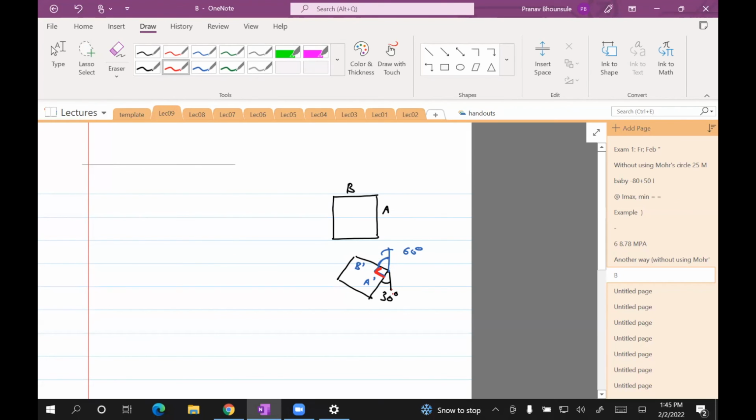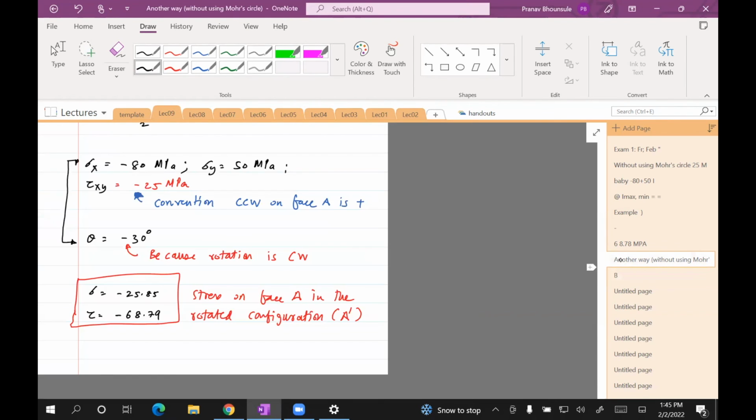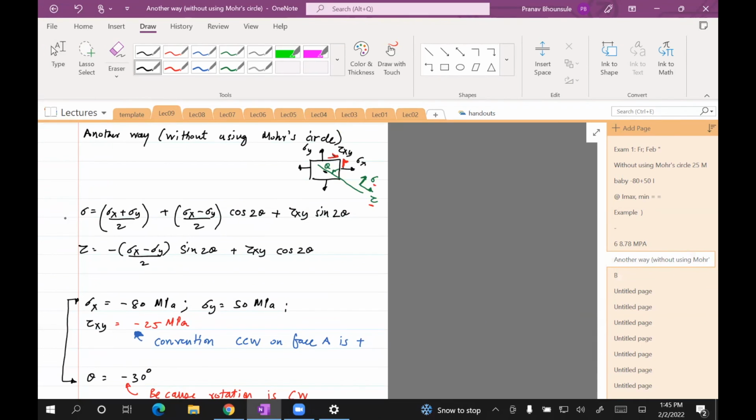So all I need to do is put theta equals 60 degrees. And I should call this formula something. Let's call this formula 1 and this one formula 2.